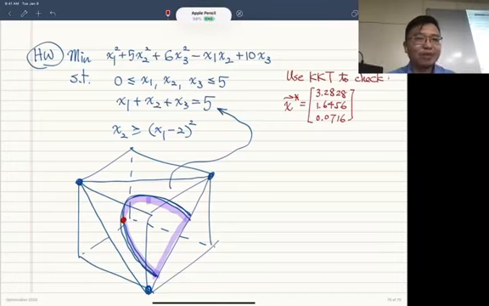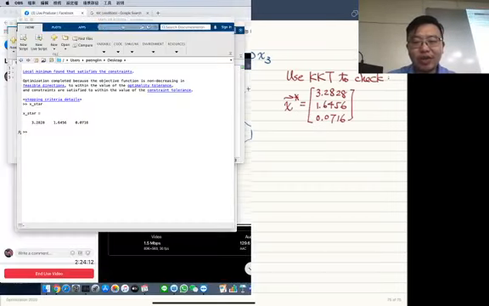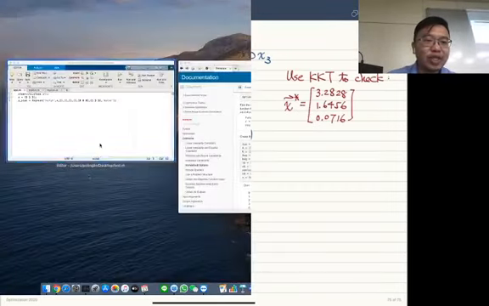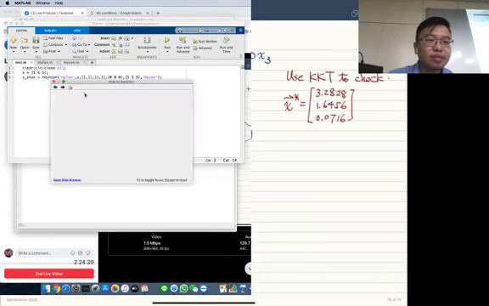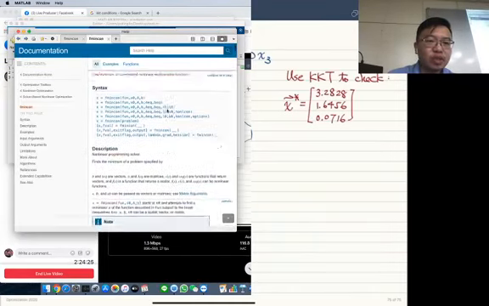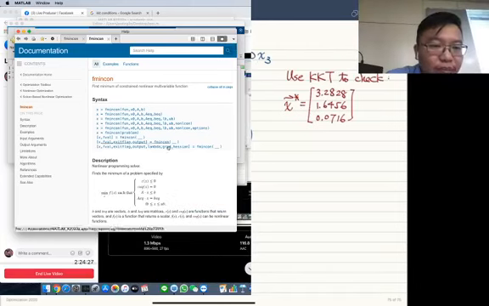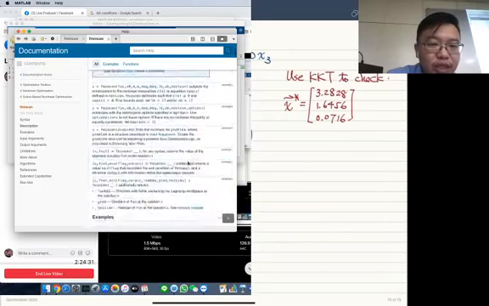visualize the iteration process. So let me explain to you how you could do it. Over here, you could show some output.